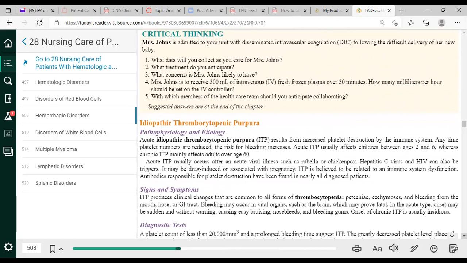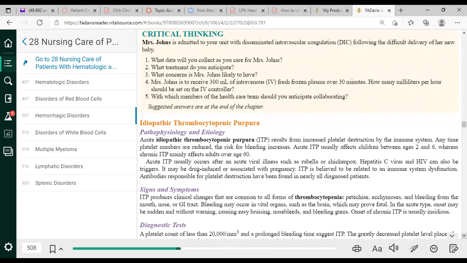And it's talking about idiopathic thrombocytopenic purpura. This results from increased platelet destruction by the immune system. So the immune system is destroying the platelets. And with the immune system destroying the platelets, what is that doing to the intravascular space?